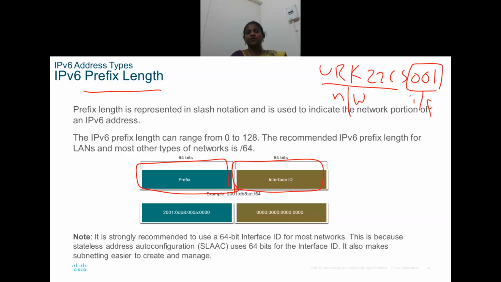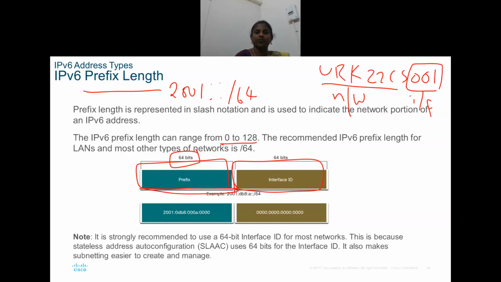So by default, the prefix length can be 0 to 128. Okay. But usually by default they'll have 64 bits as the prefix length. So how they'll write an IP version 6 address is the address, colon, slash 64. Okay, so this is how they'll write an IP address.